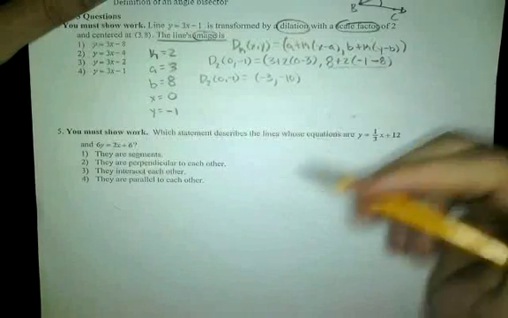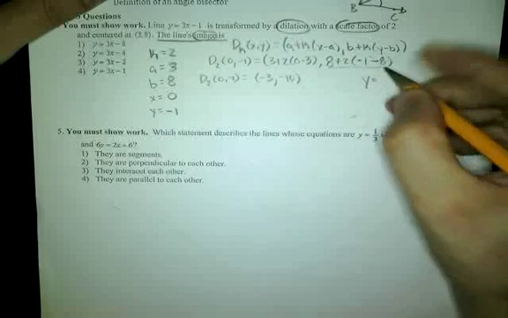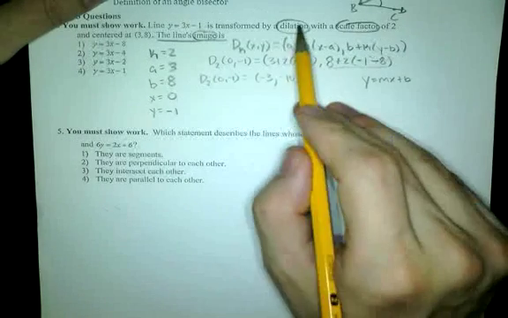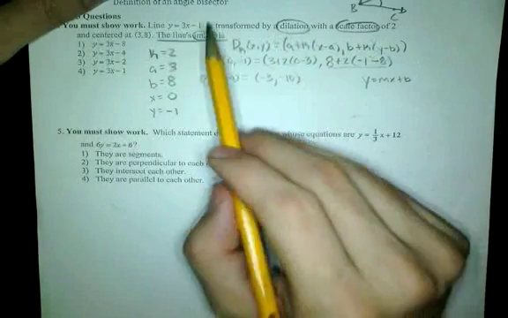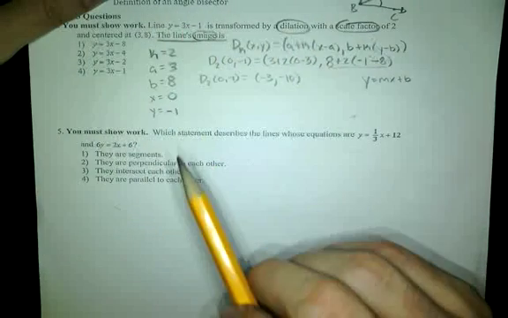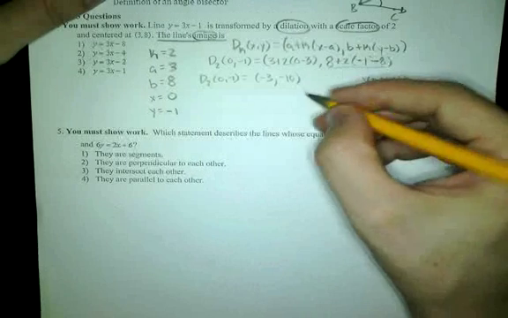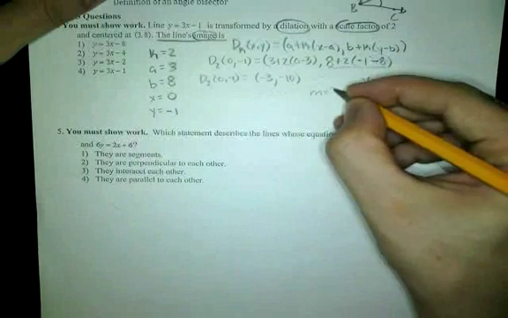So I need to create an equation that is y equals mx plus b. Because I'm performing a dilation of a line, I know that the image is going to be parallel to the pre-image or coincide. Regardless, that means that my slope is going to be the same, so my slope is 3.